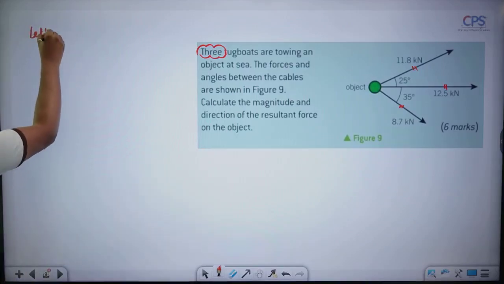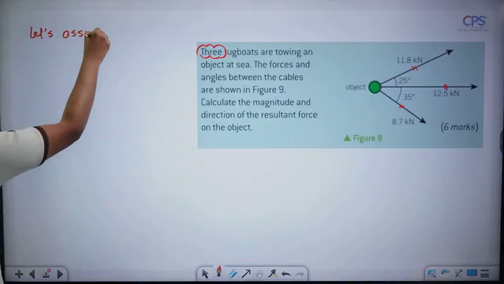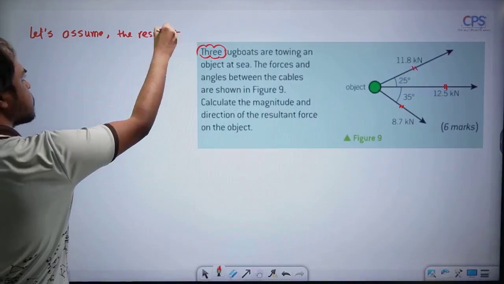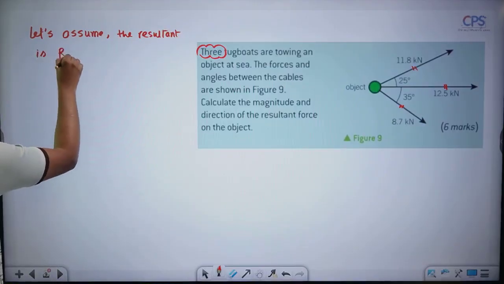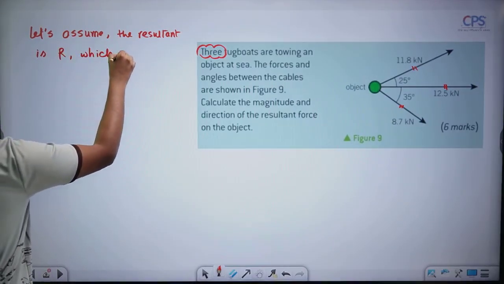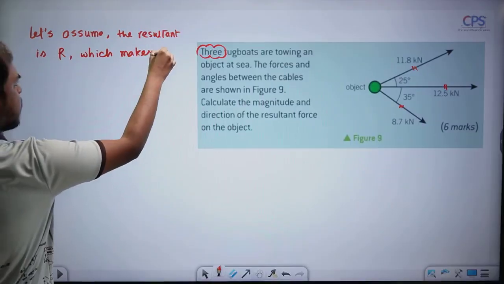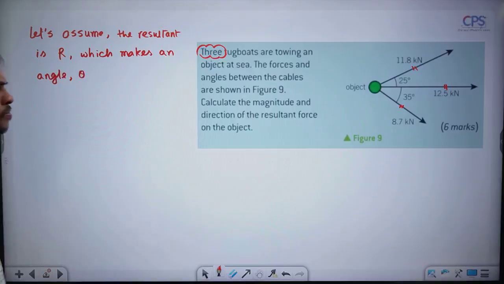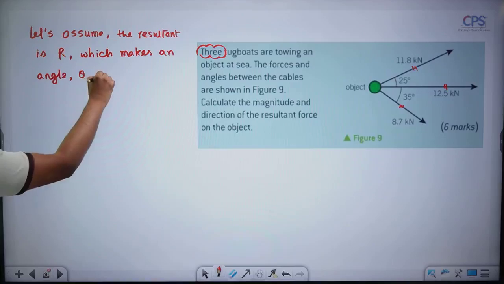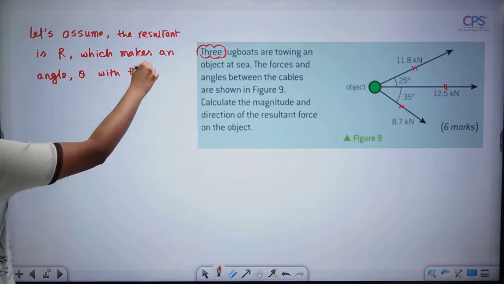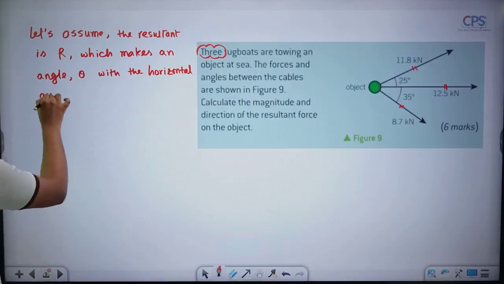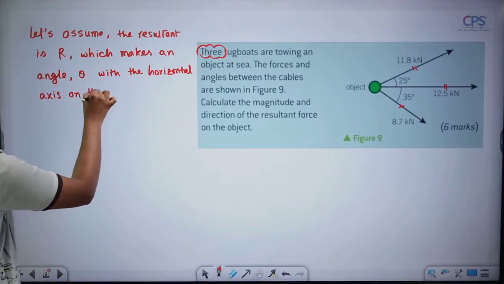Let's assume the resultant is R, which makes an angle theta with the horizontal axis on the figure.